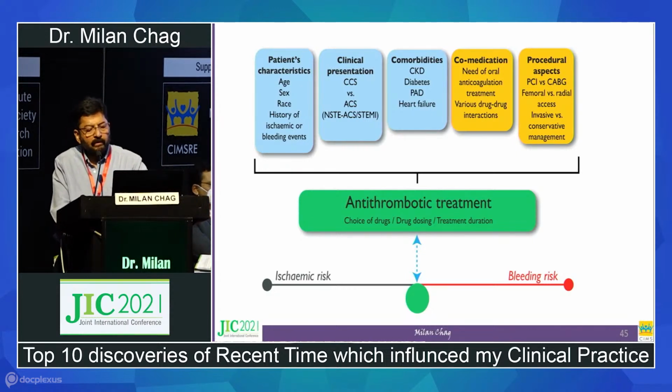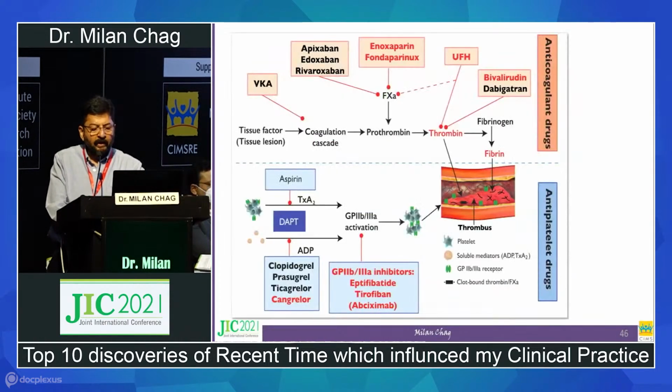So now, when we are using dual antiplatelet therapy, we have to balance ischemic risk with bleeding risk. Older age, female gender, and Asians have more bleeding risk. Acute coronary syndrome carries more ischemic risk. Comorbidities like diabetes and peripheral artery disease carry higher ischemic risk, while CKD and heart failure carry higher bleeding risk. Addition of an oral anticoagulant to DAPT will increase bleeding risk further.